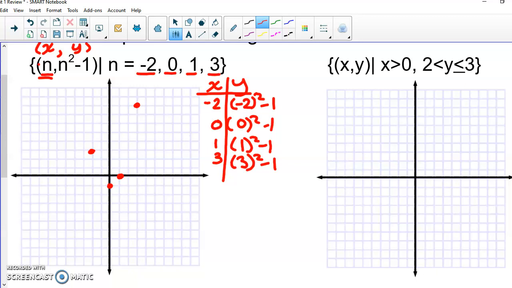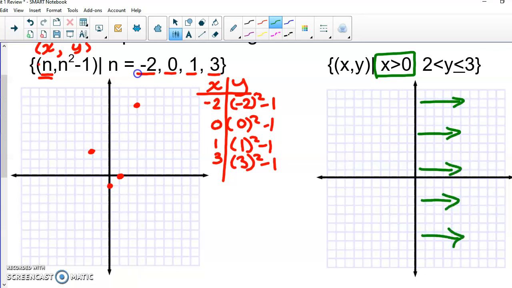All right, the second relation that I'm going to graph looks a little bit different. Here we have values where x can be greater than 0 and y can fit into 2 is less than y is less than or equal to 3. So if I look at just x is greater than 0, that is anywhere to the right of our y-axis.